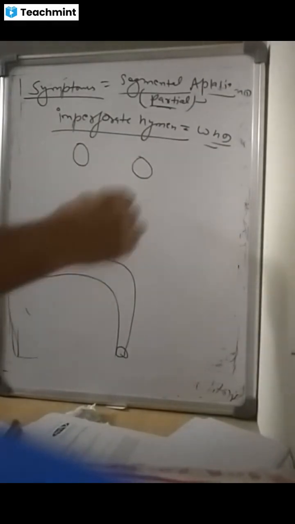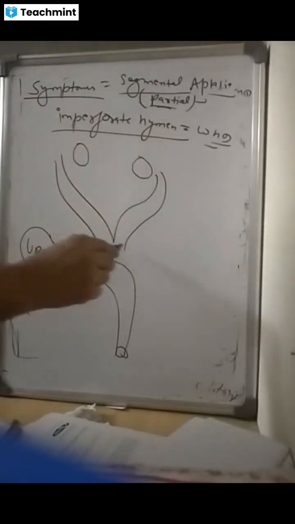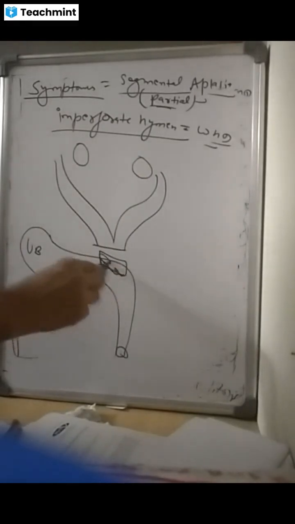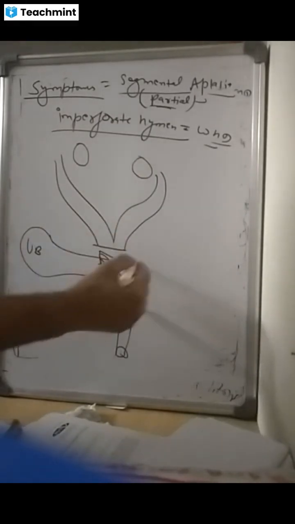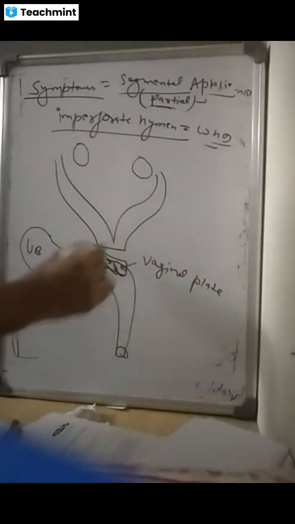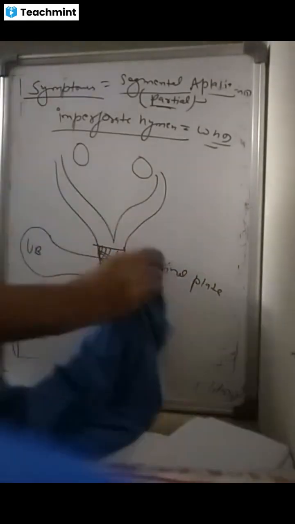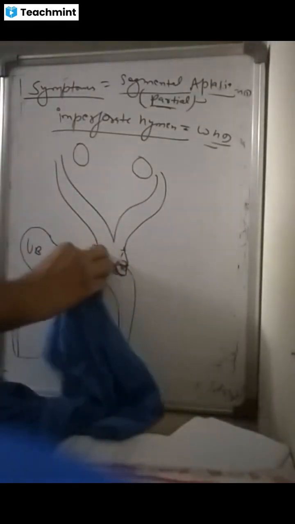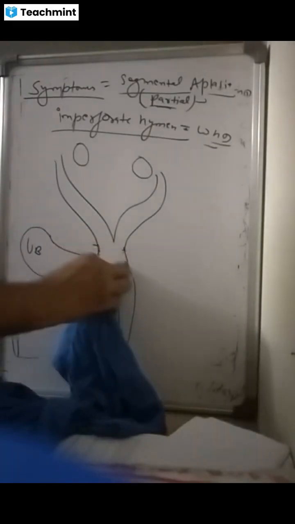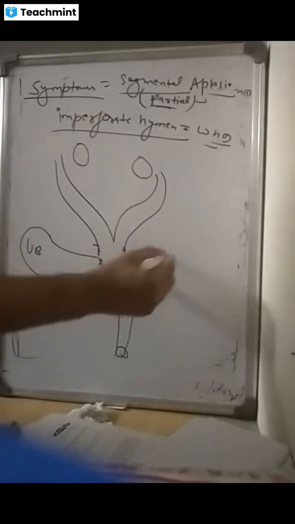If we look at the paramesonephric duct part, these cells will form the vaginal plate, that will fuse with the cranial vagina, and ultimately there will be formation of the vagina, the caudal vagina. This part is known as the hymen.